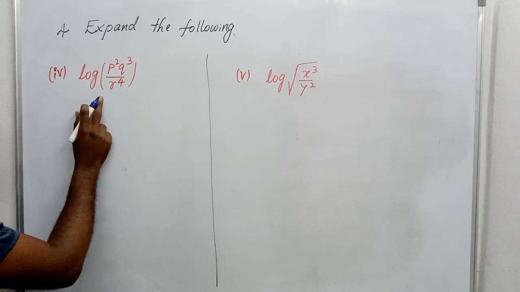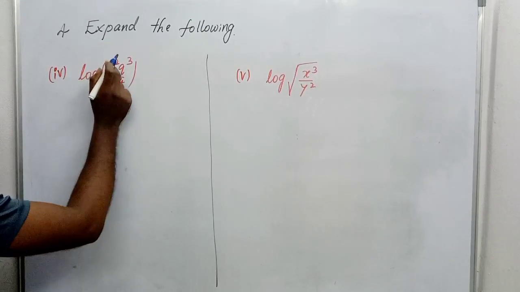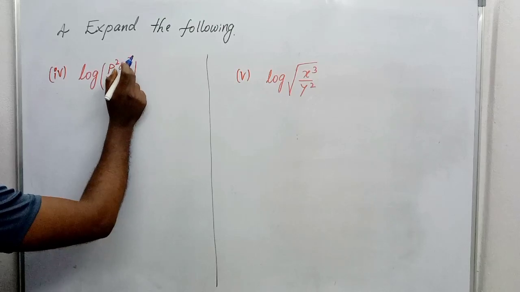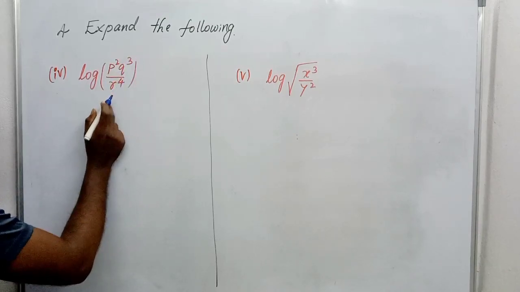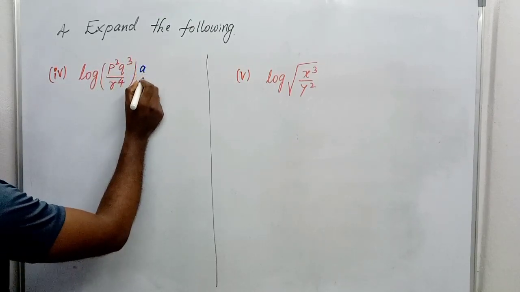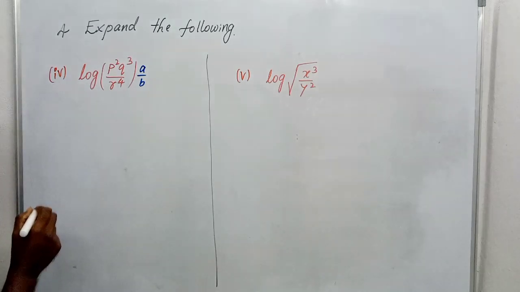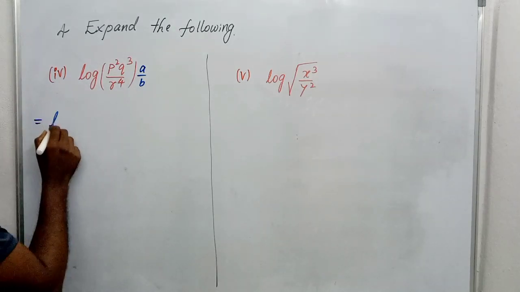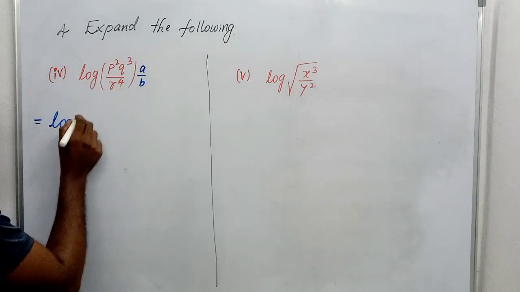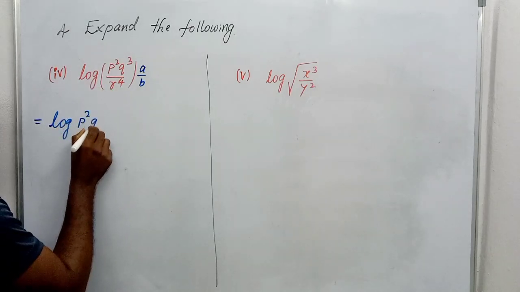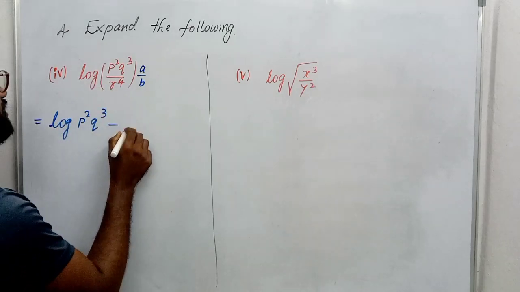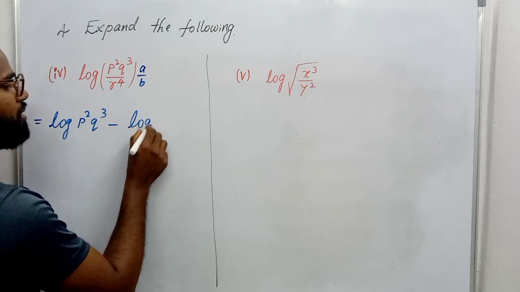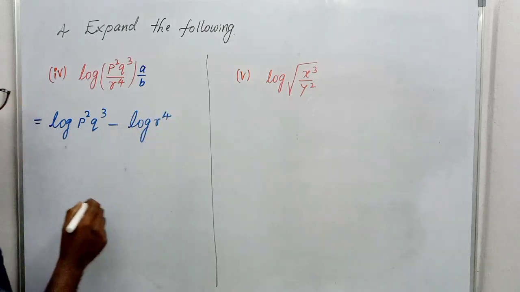Now see the fourth question. What is the fourth question here? Log p square q cube by r power 4. It is in the form of a by b, so log a by b is nothing but log a minus log b. So I am writing log of p square q cube minus log of r power 4.